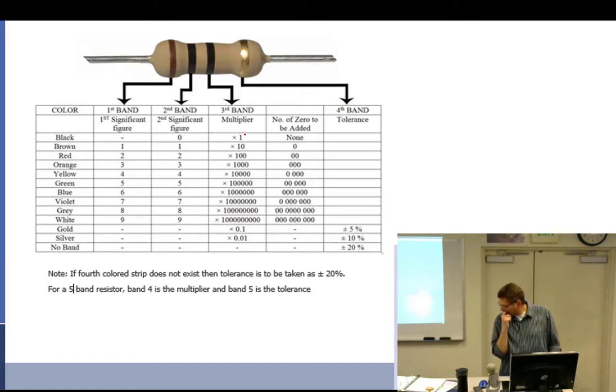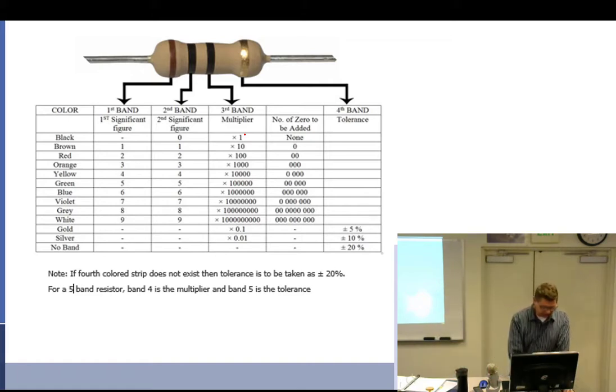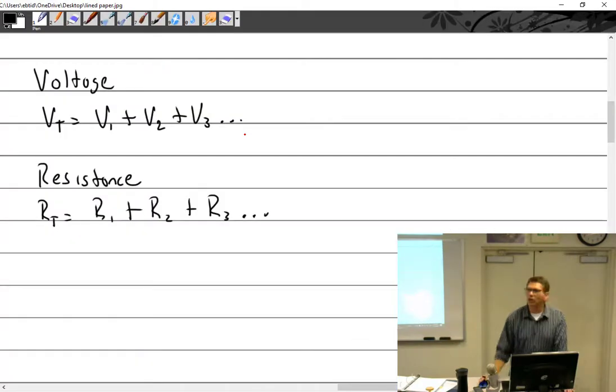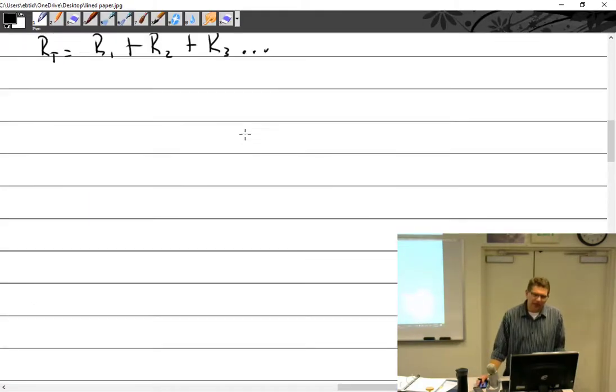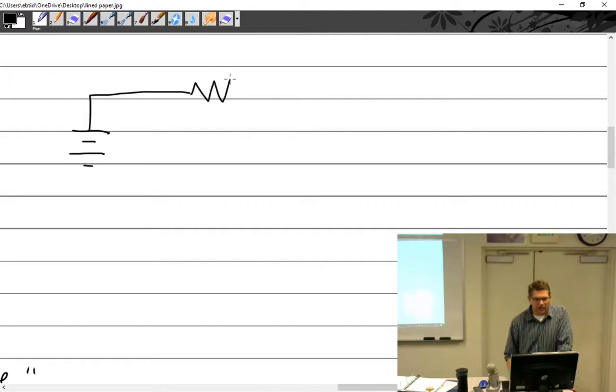Let me think here. I have a few more minutes. All right, so where I want to go with this is where I wanted to go from the beginning. What you have to do is be able to compute and figure out circuits. So what happens with this voltage drop?